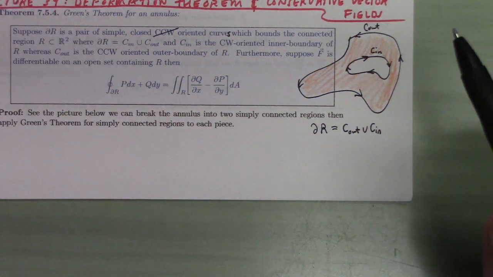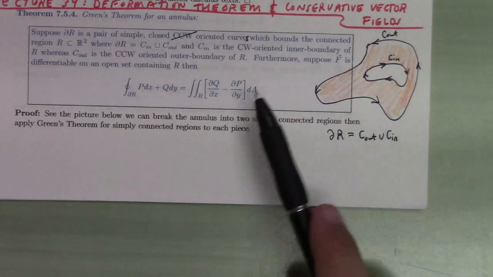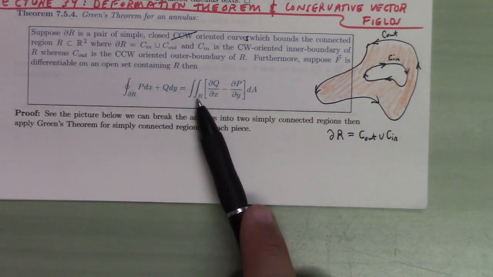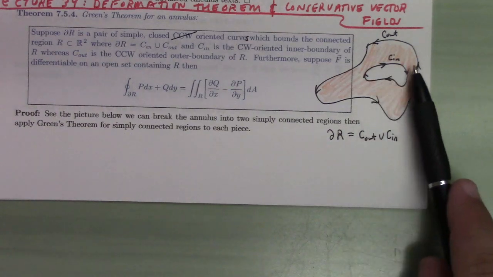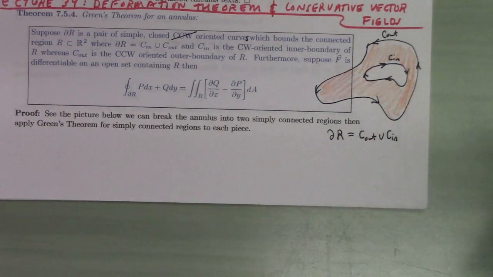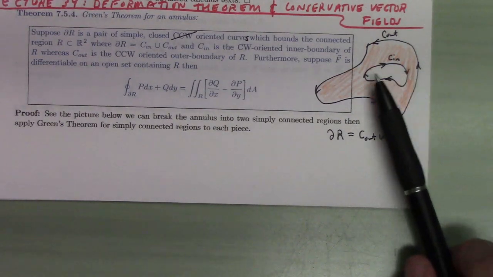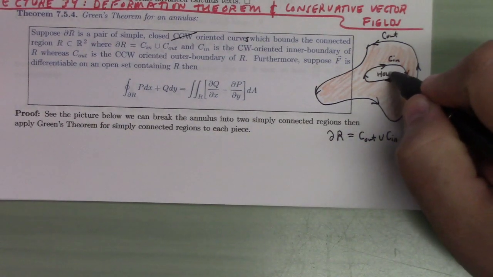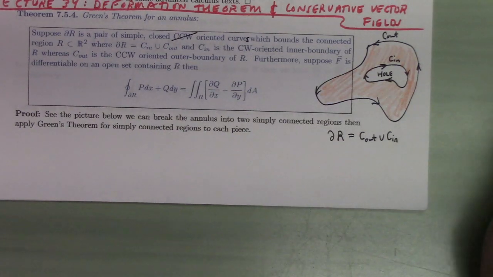The reason for this convention is so that we can write Green's theorem using the same notation as we did before in the case that R was simply connected. If R is simply connected, the inner curve is just not a curve. It's empty, if you will. It's gone. So in the case that there's no hole in the middle, this theorem for an annulus reduces back to what we proved last time.